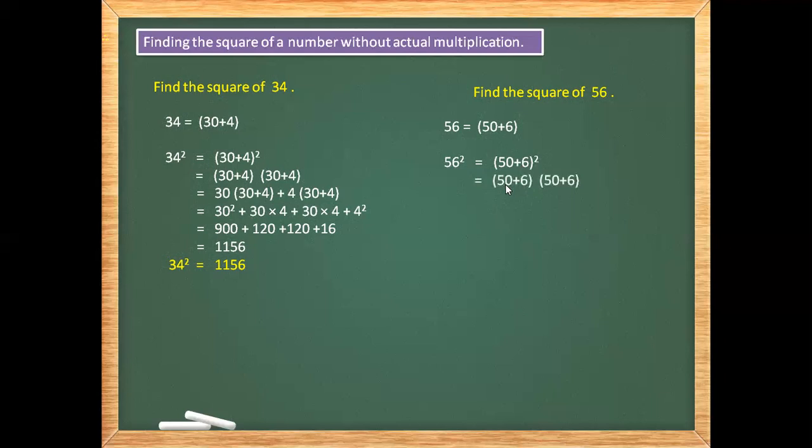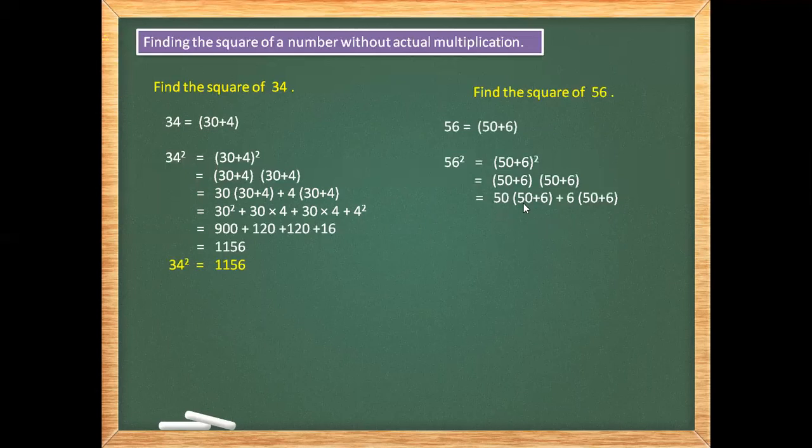This is nothing but, in the first bracket 50 plus 6, in the other bracket 50 plus 6. So again using the distributive property, 50 into (50 plus 6) plus 6 into (50 plus 6).